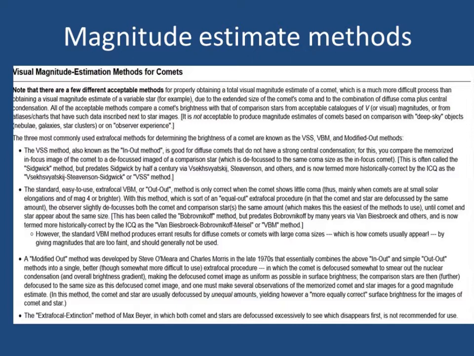But the problem with making magnitude estimates of comets is that you need lots of different things to do it with, because you're supposed to make these estimates with the smallest possible aperture instrument, and that could even mean your naked eye. It could even mean, with a very bright comet, using a pair of binoculars back to front.